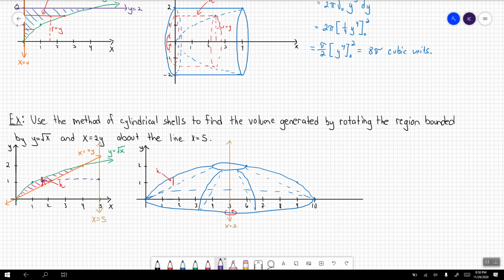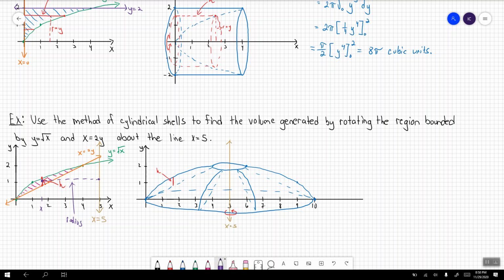For this height, we're going to have a sample point of x, because it's going to be on the x values. Therefore, when we want to find the radius, we need to find the distance between x and x is equal to 5.